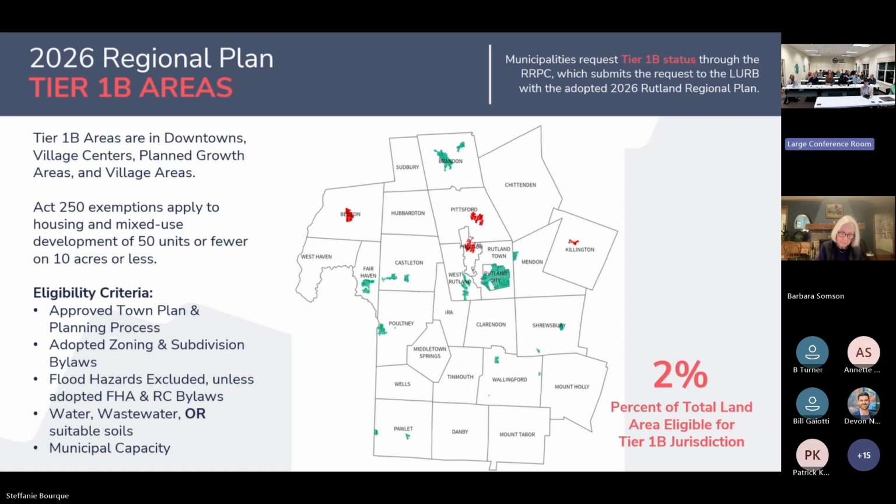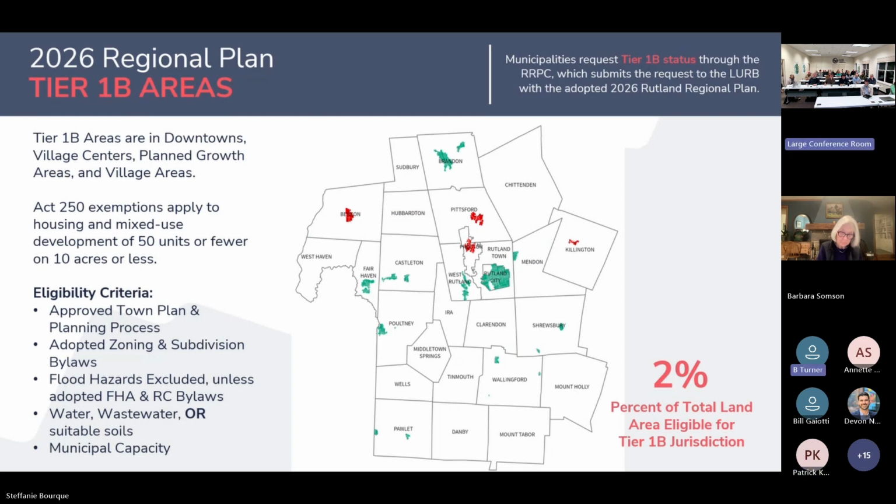We do know that Rutland City is planning to apply. We do not expect there are likely many others in our region, if any, for Tier 1A, which is full Act 250 exemption. Okay, so just to reiterate, Tier 1 would be full exemption from Act 250.